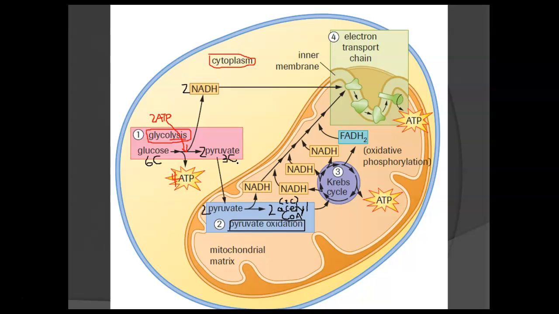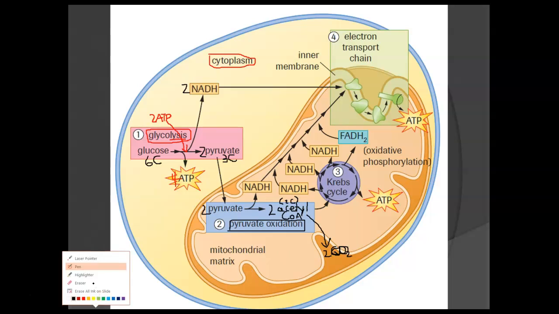So we went from 2 3-carbon pyruvates down to 2 2-carbon acetyl-CoAs. And the other thing that comes out of this process is we're going to release 2 carbon dioxides as waste products, which we know to be waste products of cellular respiration. And that totally doesn't look like a CO2, but that's what it is. That's an O and that's a C.